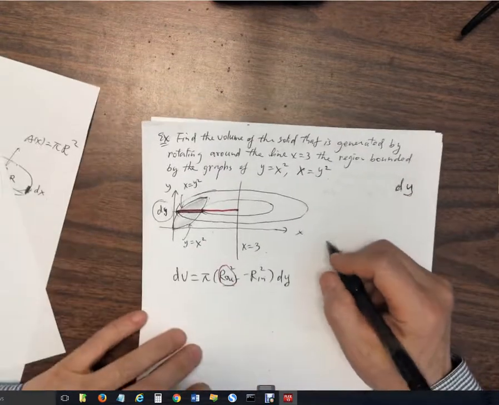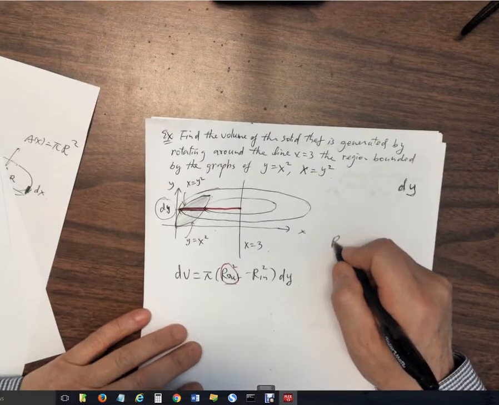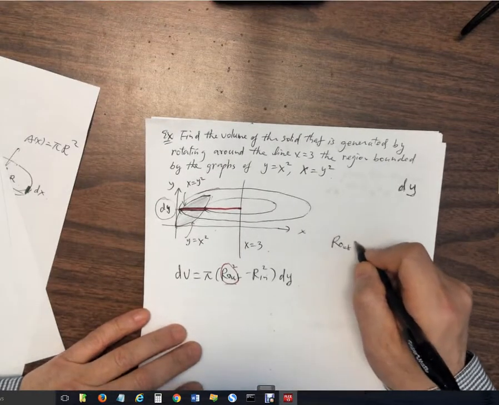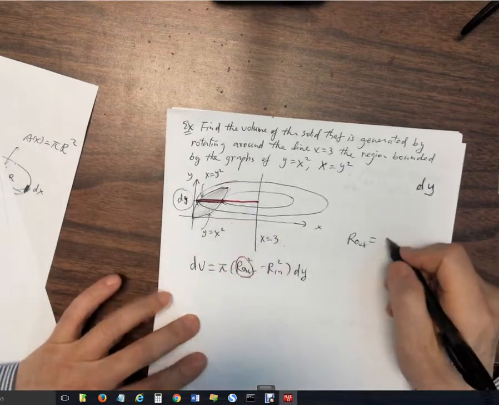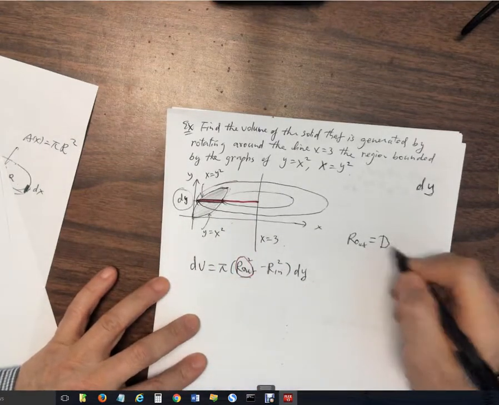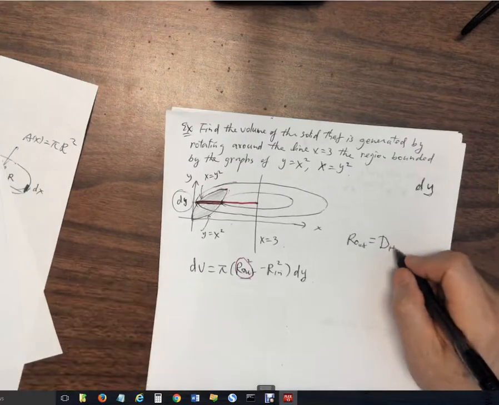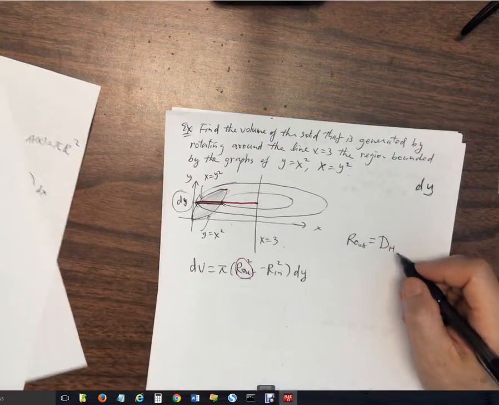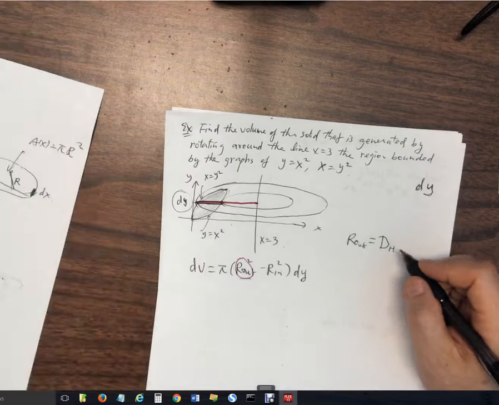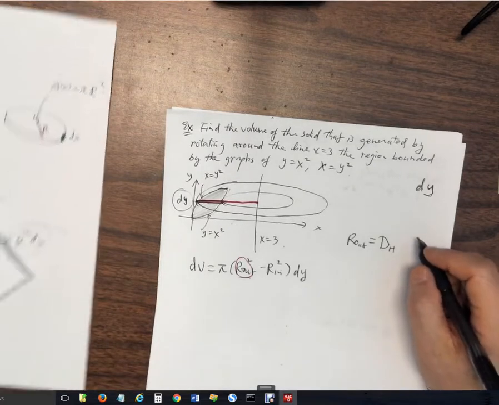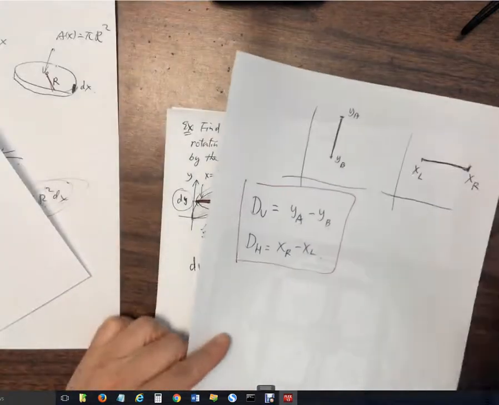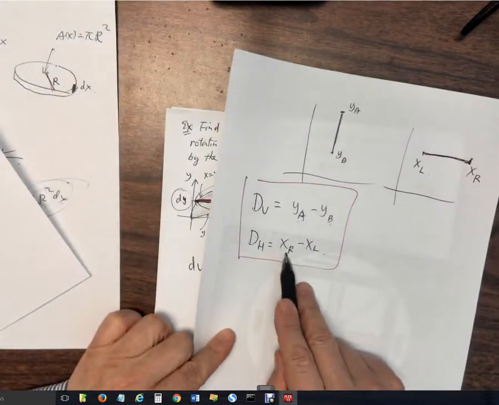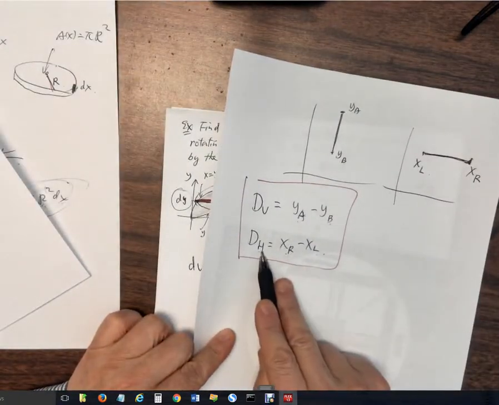Look at the graph. R out, well, first of all, is a horizontal distance. For a horizontal distance, the formula we use is xr minus xl, horizontal distance.